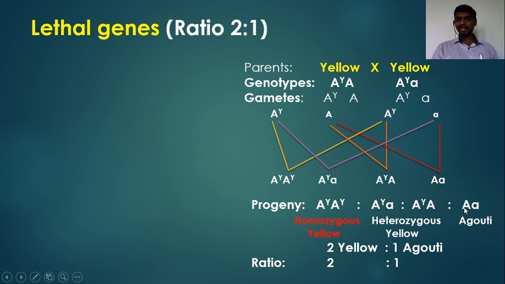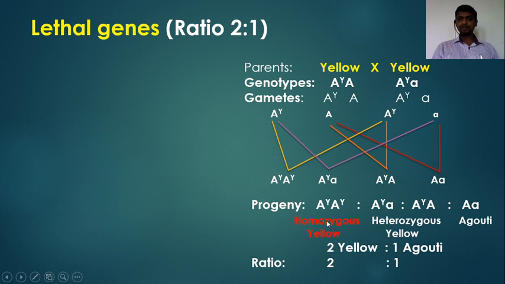Here is capital A, small a. Now what is the phenotype in this case? This capital A is for agouti and this small a is for black. If you see the dominance hierarchy, agouti is dominant over black, so the phenotypic expression is agouti.